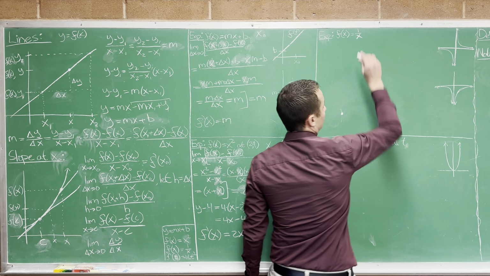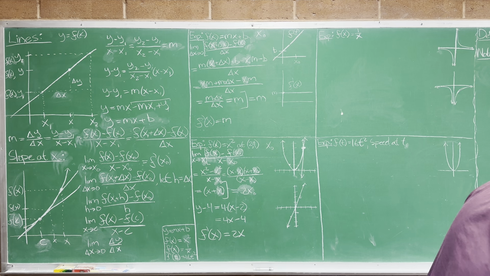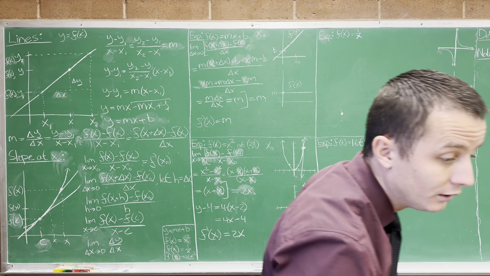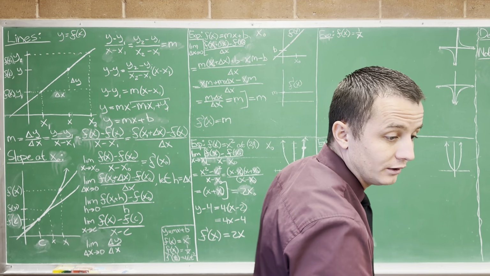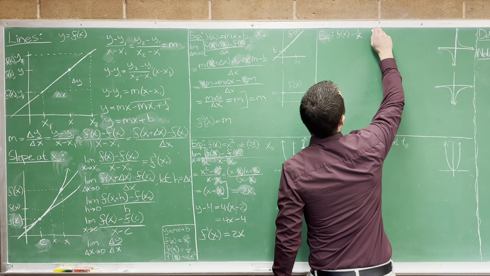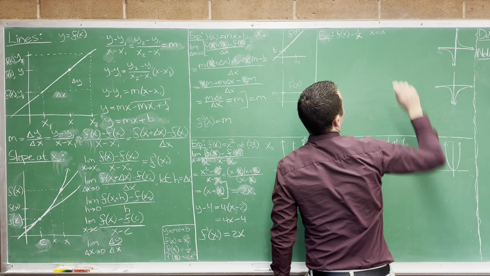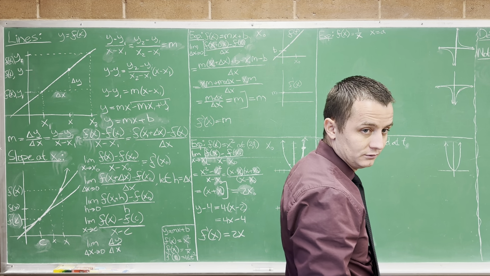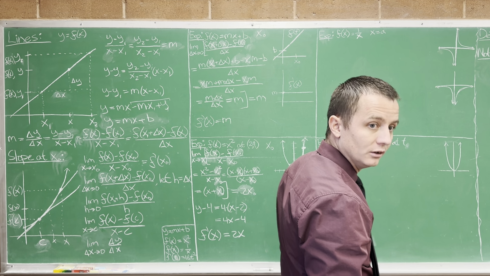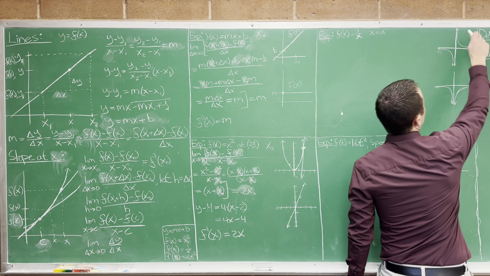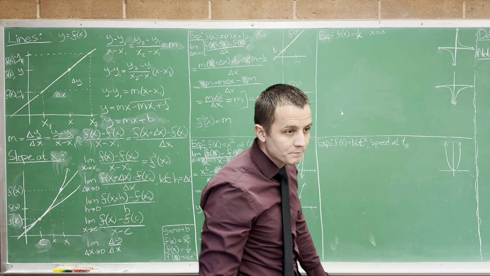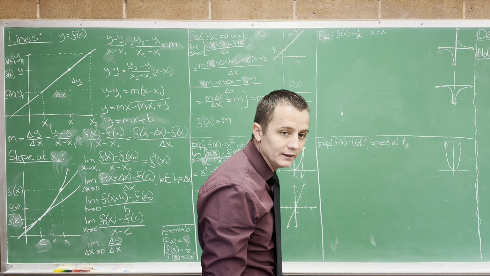The author wants us to, I can't remember exactly what he says for this problem. He says, find the slope at the point A. So we want to find the slope at x equal to A of 1 over x. 1 over x roughly looks like this. Now, where can't we find the slope?